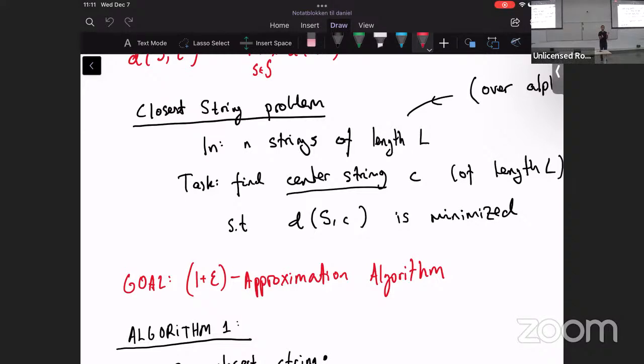Okay, so for a sanity check, if the center is required to be in the input set, is this problem polynomial time solvable or NP complete? So if the center string C is required to be one of your input strings, a string in S, is the closest string problem then polynomial time solvable, or is it NP complete?